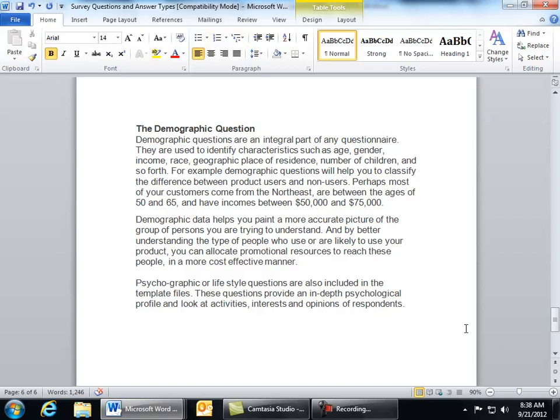Perhaps most of your customers come from the Northeast, are between the ages of 50 and 65, and have incomes between $50,000 and $75,000. Demographic data helps you paint a more accurate picture of the group of persons you are trying to understand. And by better understanding the type of people who use or are likely to use your product, you can allocate promotional resources to reach these people in a more cost-effective manner.